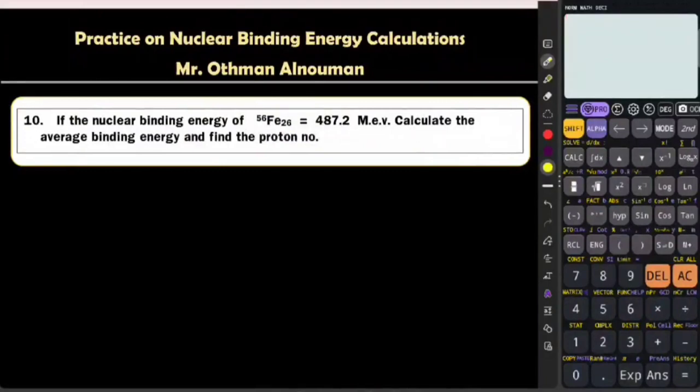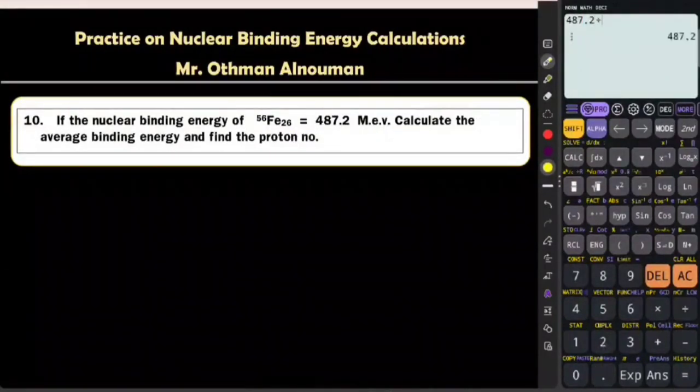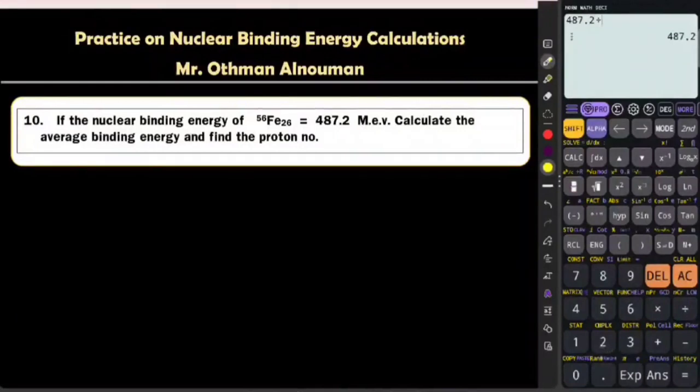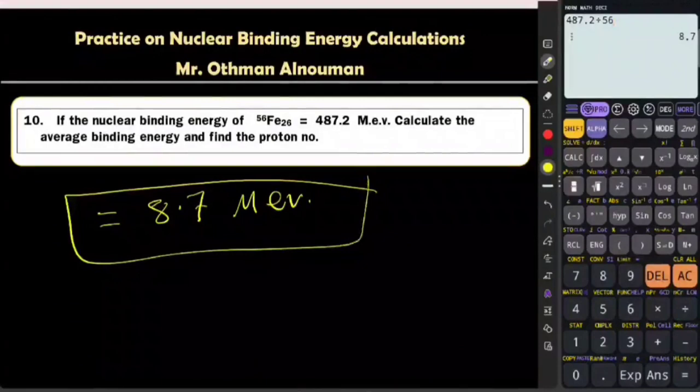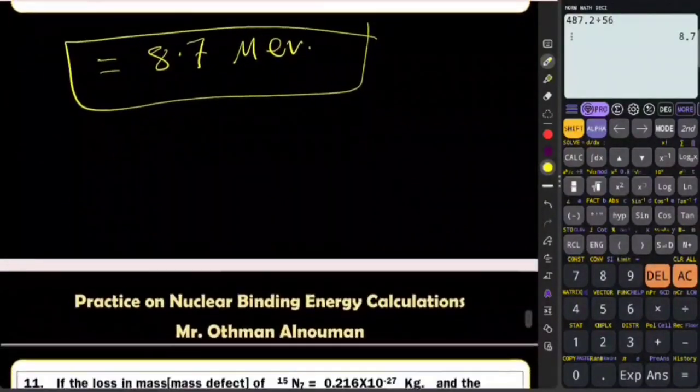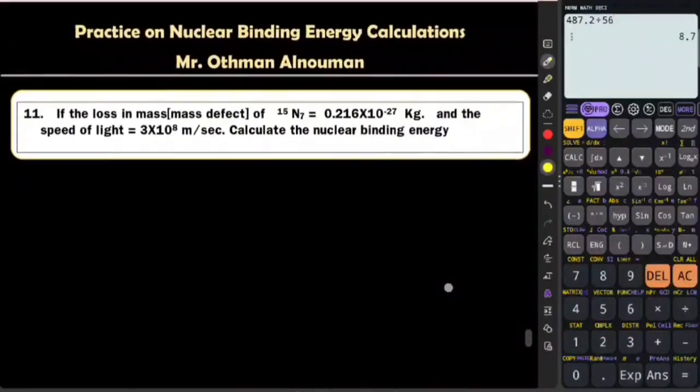The average bonding energy, we are going to see 487.2 over 56. That equals 8.7 million electron volt. Very high average bonding energy, which makes iron the most stable element. Let's go to next question.